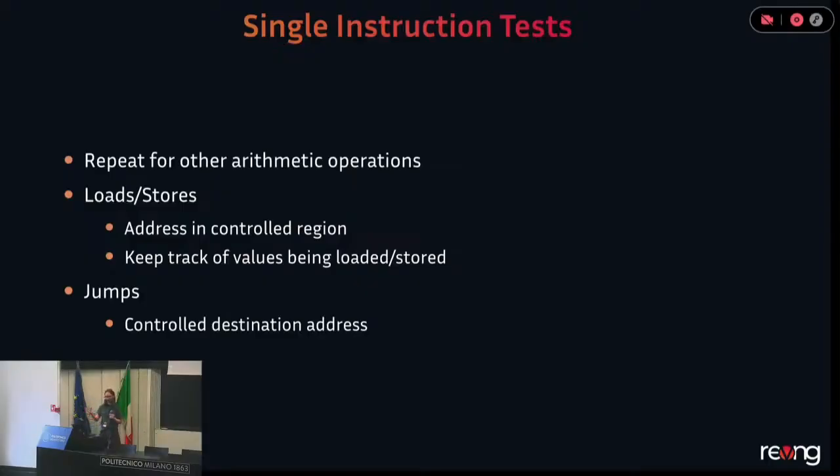So whenever we take all of this output and produce a test out of it, we can make sure that that address range is mapped to something. And if we also track values being loaded and stored, we can make sure that you get correct read and write behavior. Similarly, for jump instructions, we can just make sure that the destination address is within some offset of the jump. And that way we can use it for taking branches and checking output.